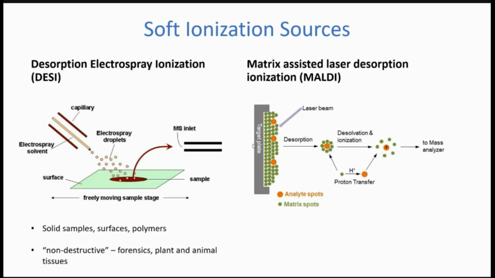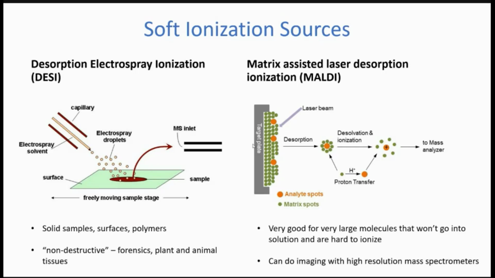Then you get a similar reaction to APCI or CI, where the matrix transfers a proton to the analyte, the matrix gets removed, and you have the pseudomolecular ion that travels to the mass analyzer.